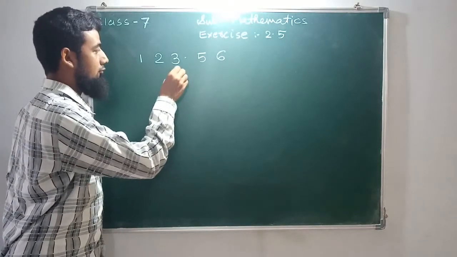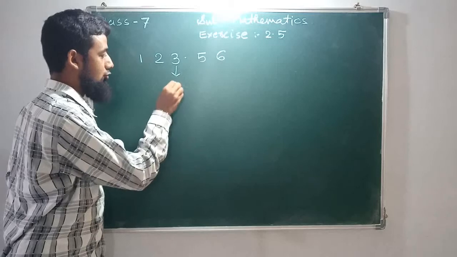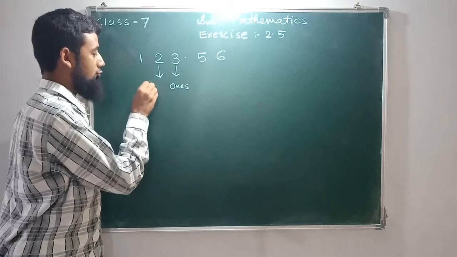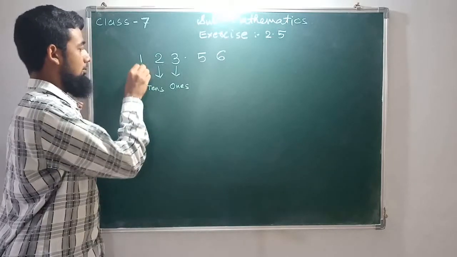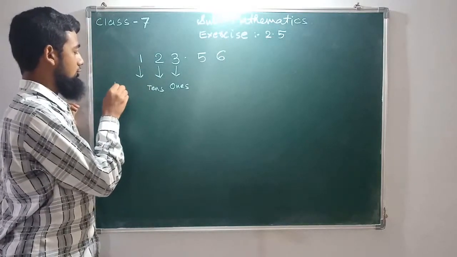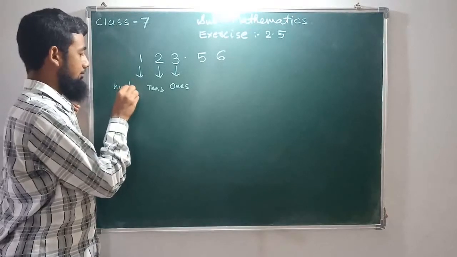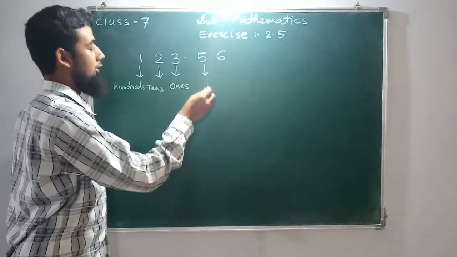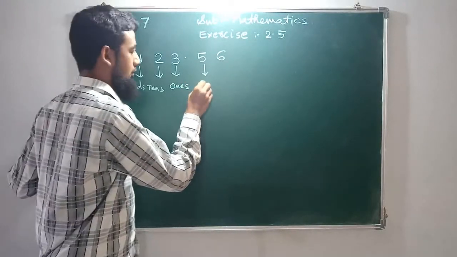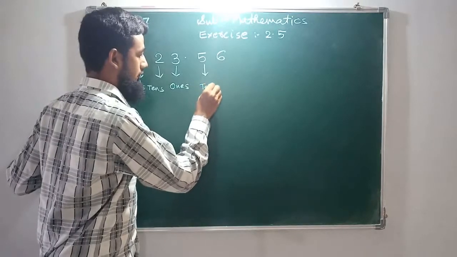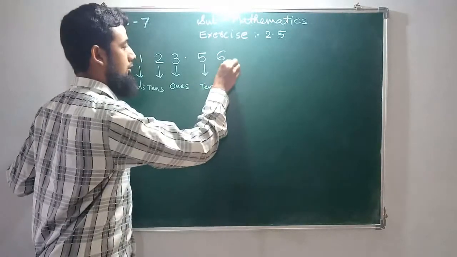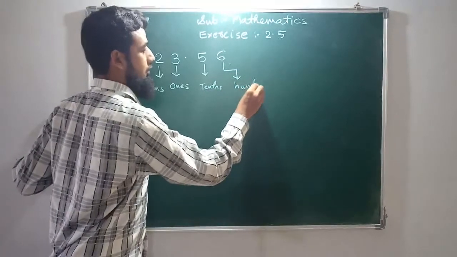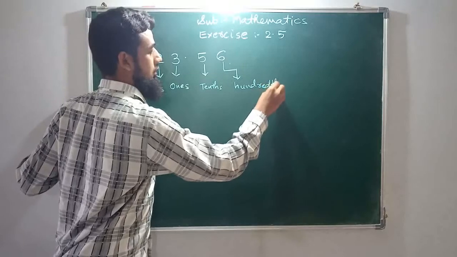The place value of 3 is ones, the place of 2 is tens, the place of 1 is hundreds. The place of 5 is tens, and the place of 6 is hundreds.